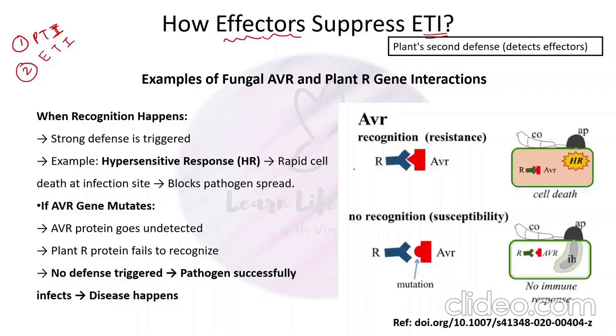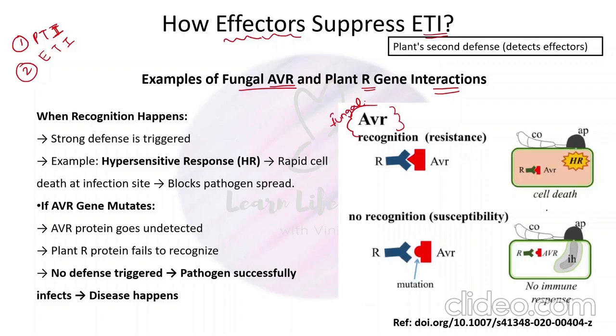Okay, in this case we will see, for example, a fungal AVR. AVR is the avirulence gene and plant R is the resistance gene, and their interaction. For example, AVR is of fungal origin.